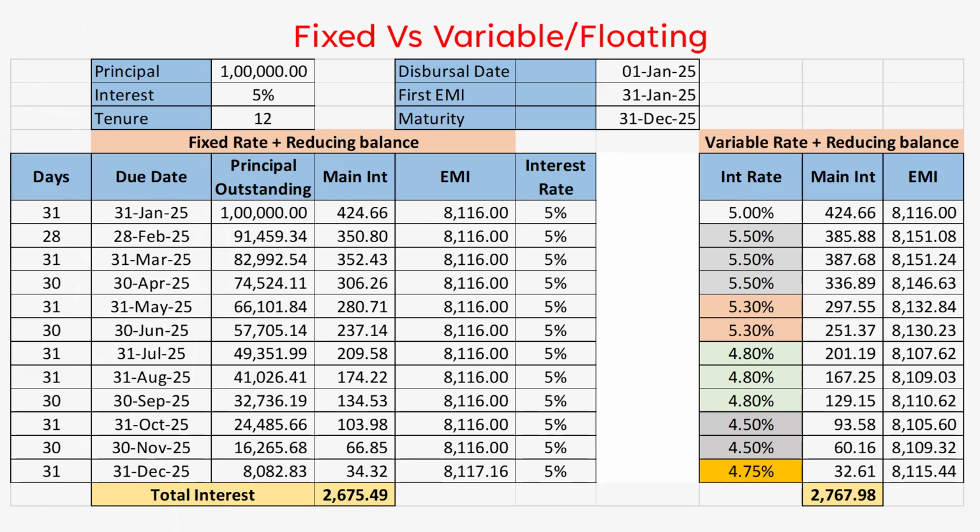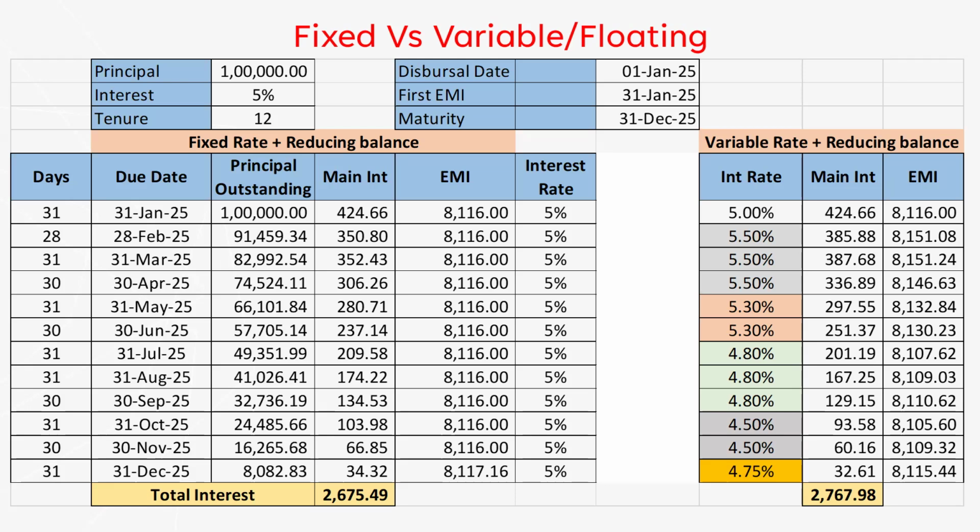You might have heard that the RBI or central bank always keeps changing the interest rate, so that will reflect here. Usually this is given for home loans. Only for sample purposes, I have taken only a 12 months schedule. But in a home loan, the first 2 years are always fixed, and then based on the real market conditions, they will apply the variable rate.